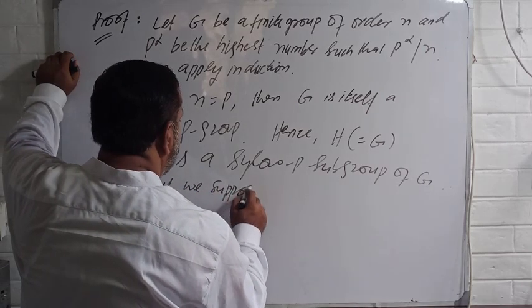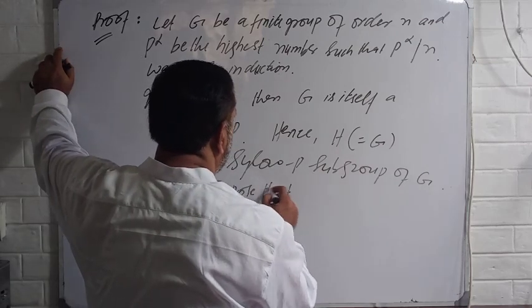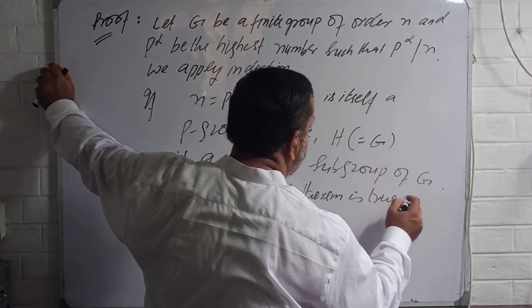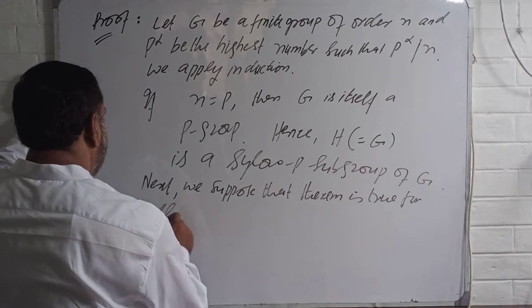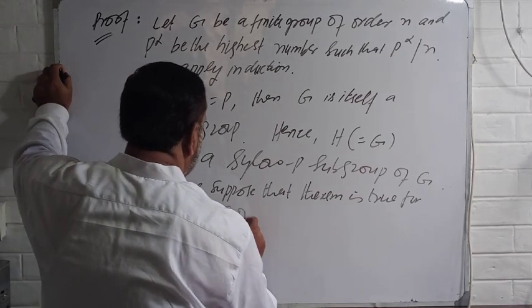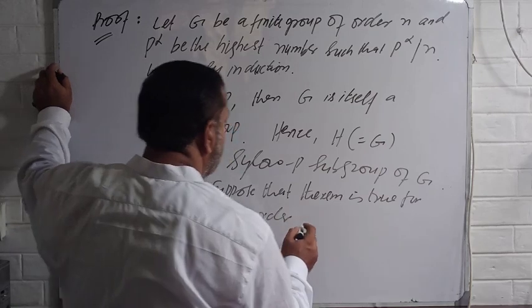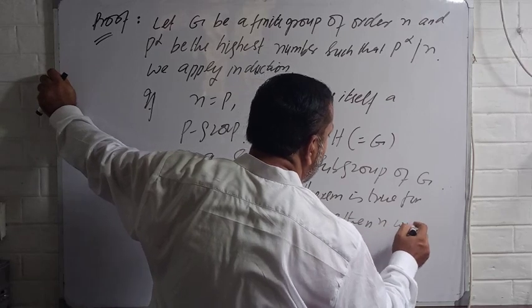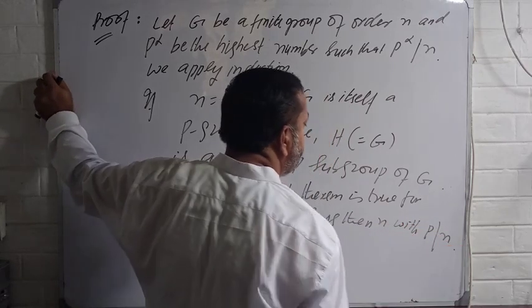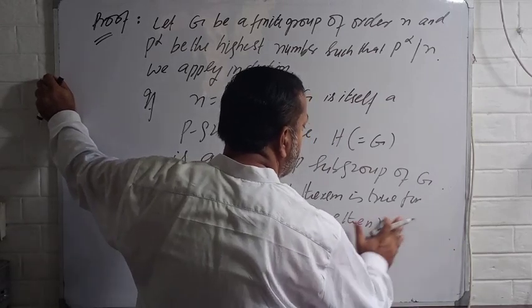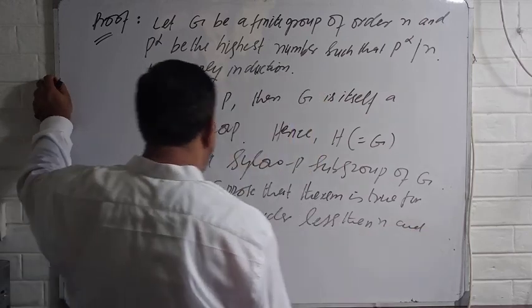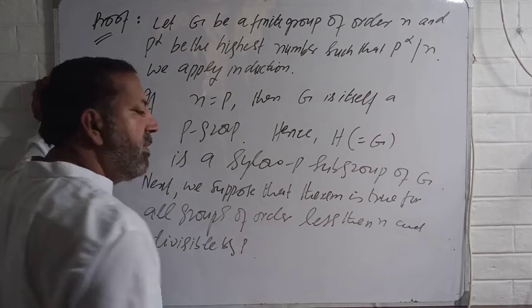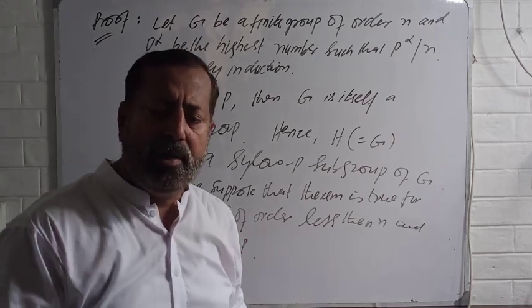That means you have a number which is less than n and also divisible by p.